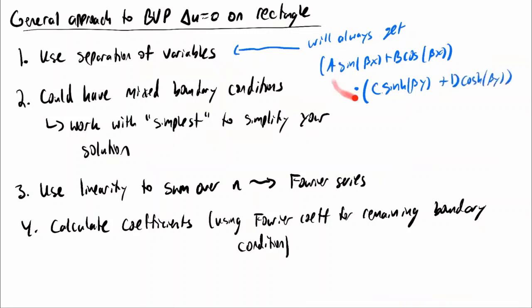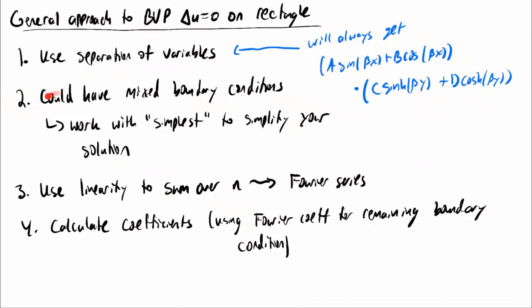Because to get to this point, this was our initial candidate before we tried to use the boundary conditions and before we tried to sum over n. Here we just use Laplace's equation. So you can always start at this point. You don't have to redo the first step because it's done in the lectures. You can just go back to the lecture notes or the book and check if you forget the formulas, but you can always start here.